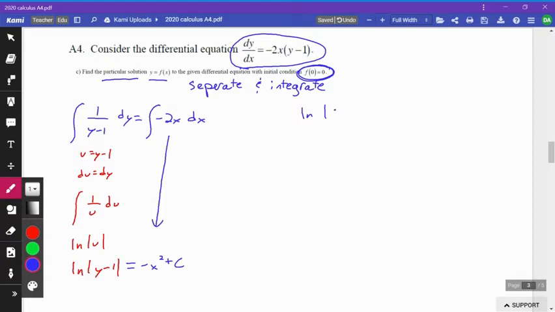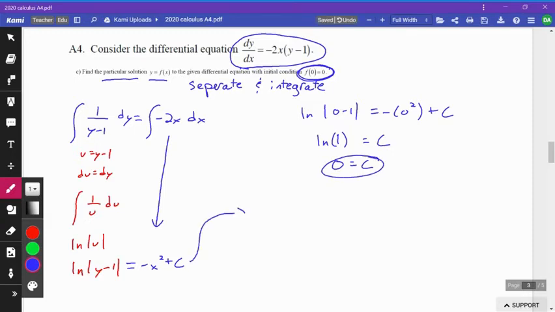So I get ln of the absolute value of 0 minus 1 equals a negative times 0 squared plus c. So I get ln of 1 equals c, so I get 0 equals c.